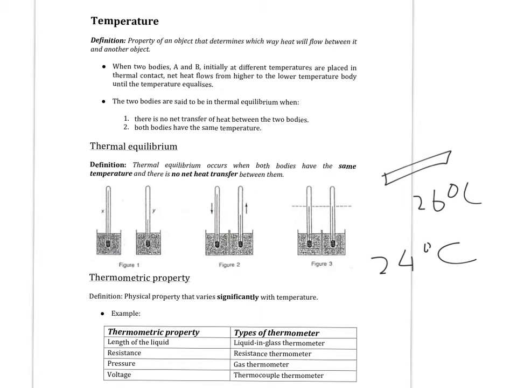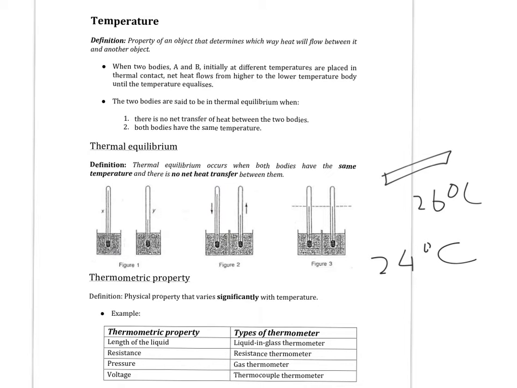The reason being, we are waiting for the thermometer to achieve thermal equilibrium with the beaker of water. And when they reach thermal equilibrium and you pull out the thermometer, what we are actually reading is the temperature of the thermometer. And since the thermometer is in thermal equilibrium with the beaker of water, we can therefore conclude that it is the temperature of the water.